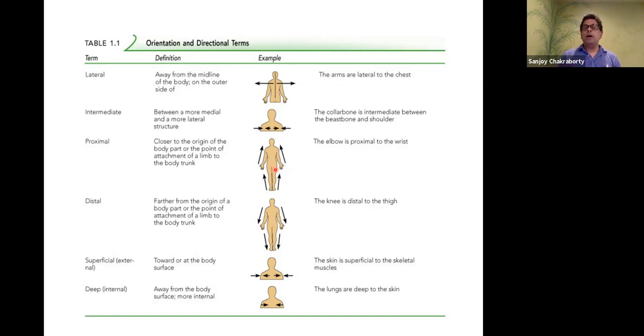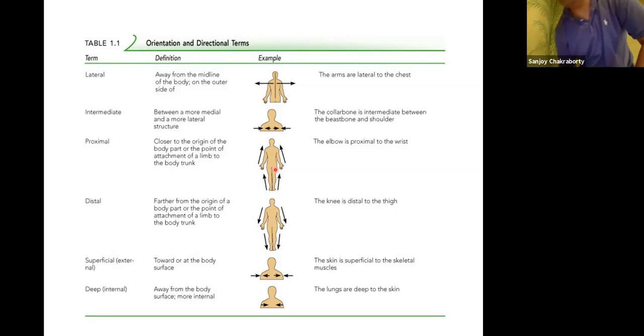So if you're looking at the arm, this is where the body is attached. Remember, arms are on the side. So anything here is proximal. Going away is distal. If I think about my wrist and my elbow, the wrist will be distal compared to the elbow.